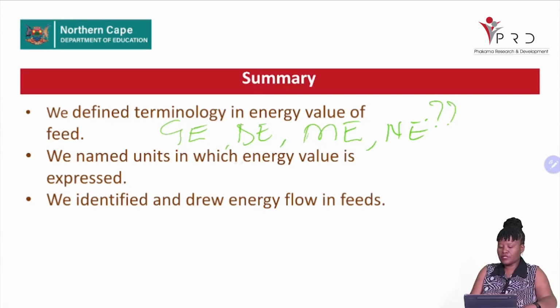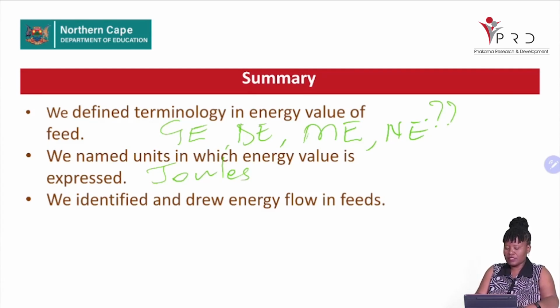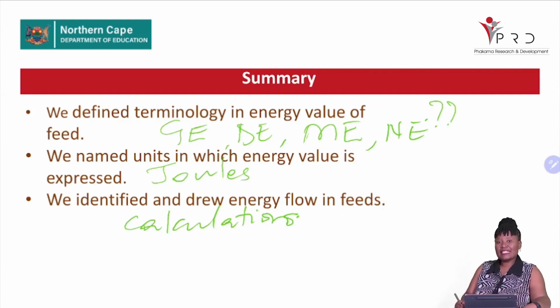We named the units in which energy value is lost, and we indicated energy values are expressed, not lost. We named units in which energy value is expressed, that is in joules. We identified and drew energy flow in feeds, and we also did calculations when necessary. So it means we have looked at the examination guideline and we are ready to respond to any question that has got to do with the energy value of feeds.